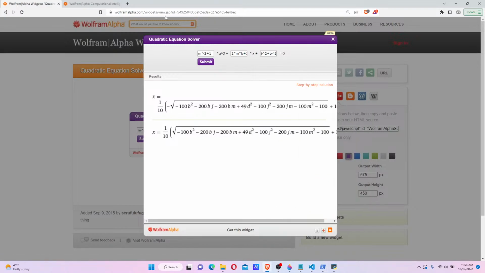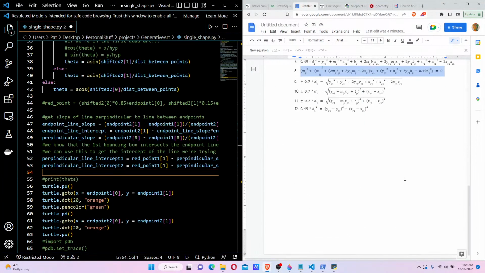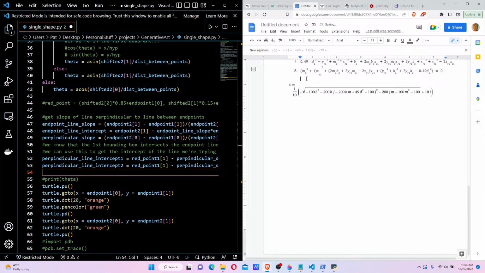Okay, I'm just going to paste it in here, solving with Wolfram Alpha. Okay, I'll be right back. I'm going to take a break.